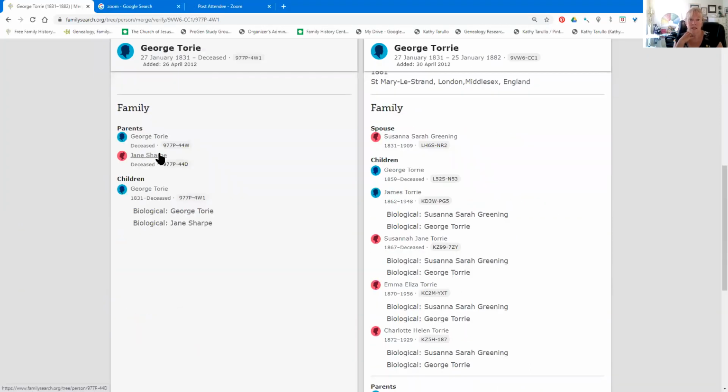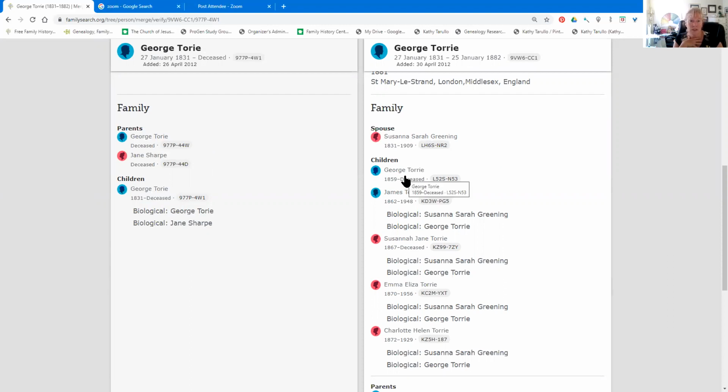On this side, it has his parents, George Torrey and Jane Sharp. I did look at his father in the marriage record, and his father was George Torrey. And he has a child, George Torrey, born in 1831. Well, on this side, his parents are not listed, but his wife, Susanna Sarah Greening, is in there. And he does have a child, George Torrey.